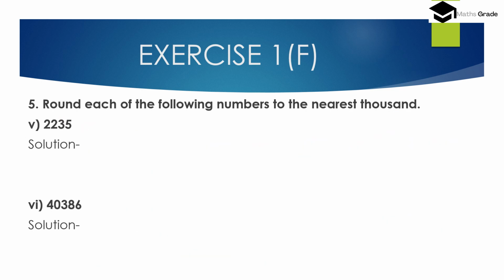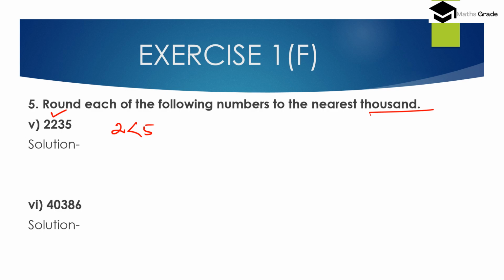Now fifth bit, 2235. We have to round this number 2235 to the nearest 1000. When we round any number to the nearest 1000, we first look at the 100 place digit. Here the 100 place digit is 2 and 2 is less than 5. So don't add 1 to the 1000 place digit.